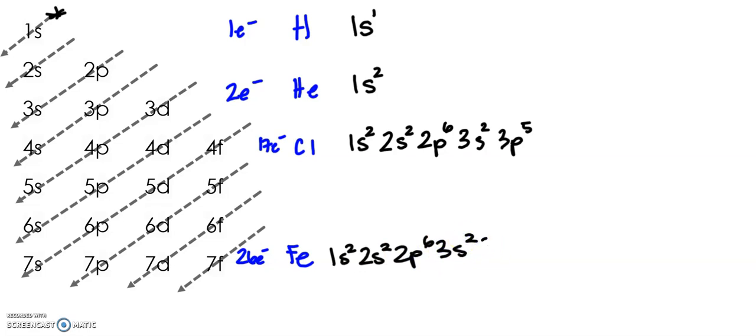Then 3s2, 3p6, remember p can hold 6. So now I'm at 18. So after 3p comes 4s, careful and follow the diagonals. S holds 2, so 4s2. So now I'm at 20. So I get to go 26, so after 4s comes 3d. So 3d6 is my 26.